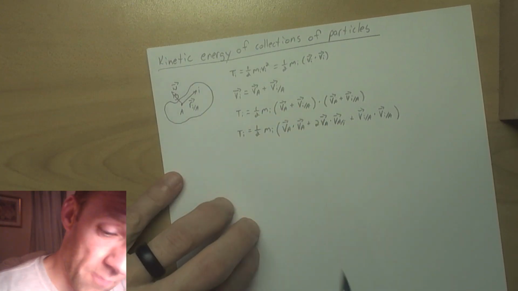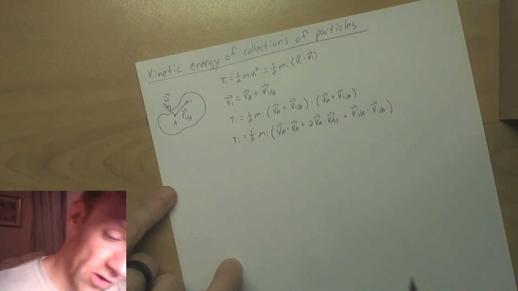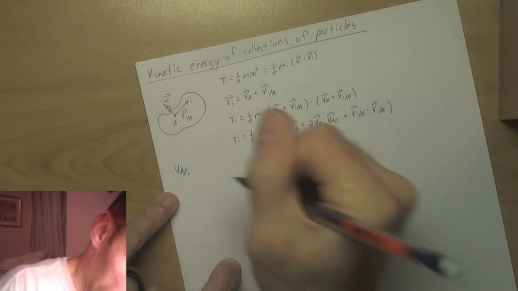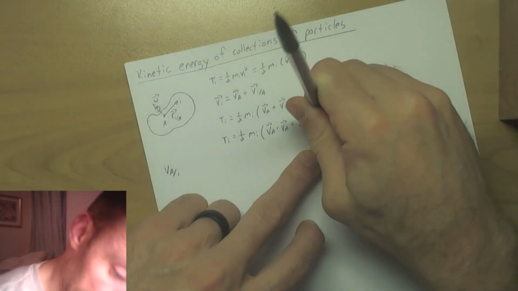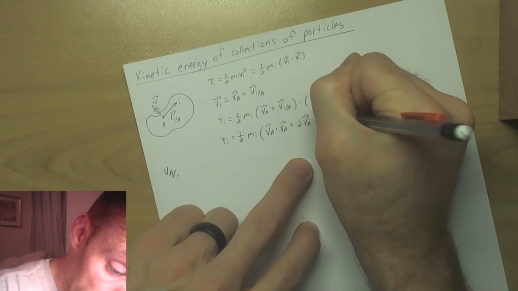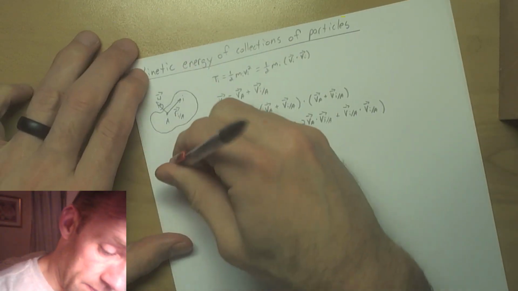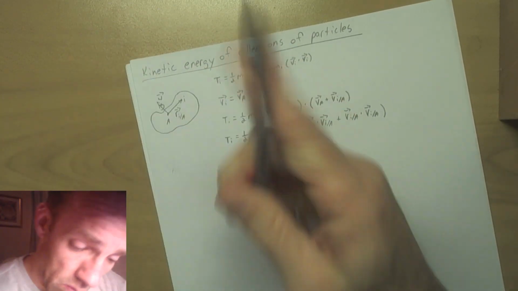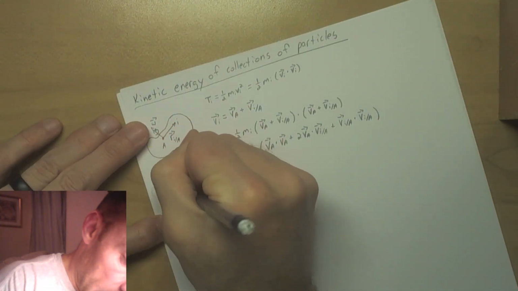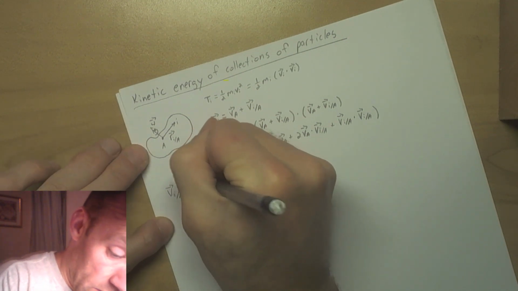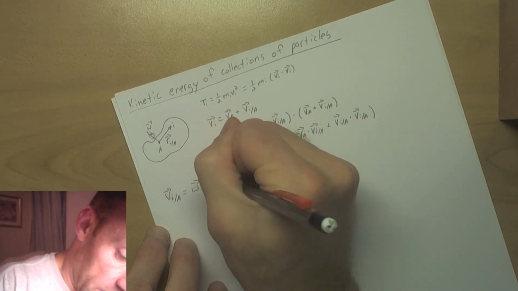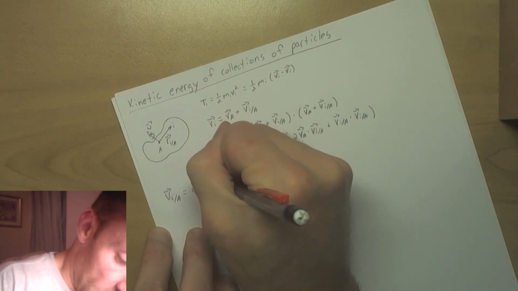because this collection of particles is undergoing rigid body rotation, we have the situation where the relative velocity is the angular velocity crossed with the relative position.